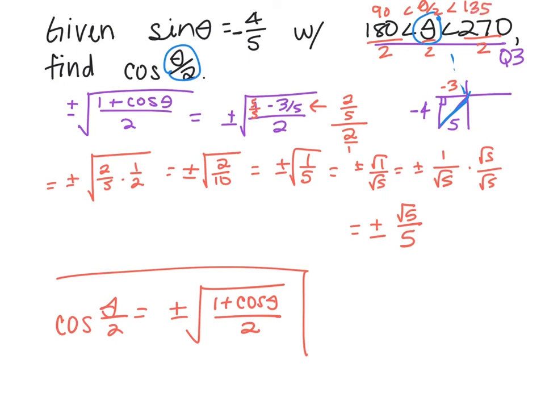So we know our half angle would be between 90 and 135. That is in quadrant 2. So that means our half angle will be in quadrant 2. We are finding cosine. Cosine is negative in quadrant 2. So that's the sign we are going with. And we will talk more about that tomorrow because I know that's the main confusing piece of these half angles beyond the plug and chug with the fractions.